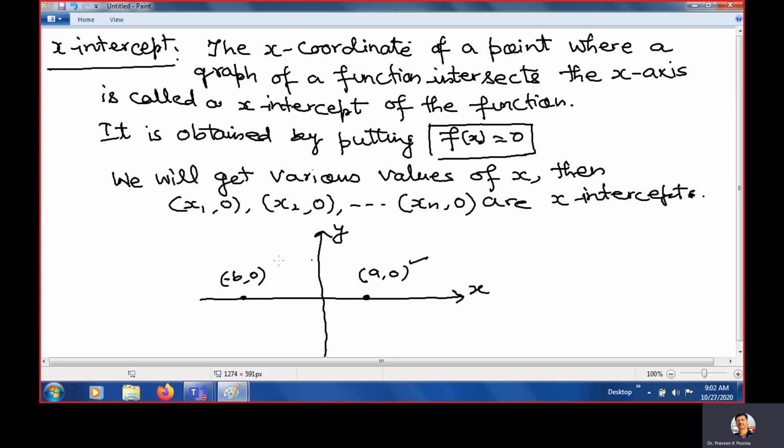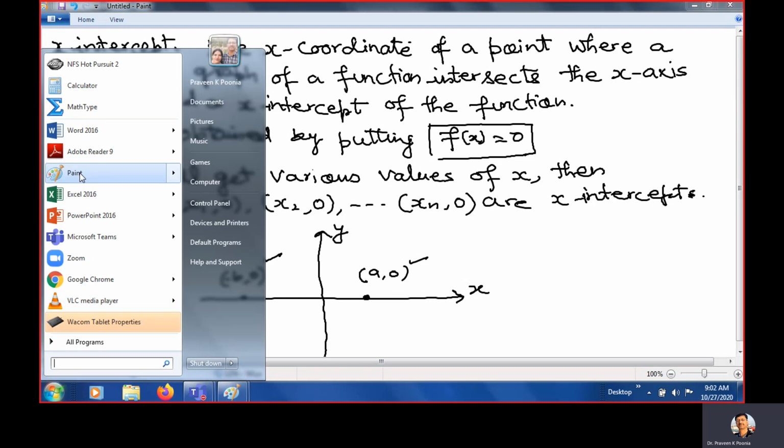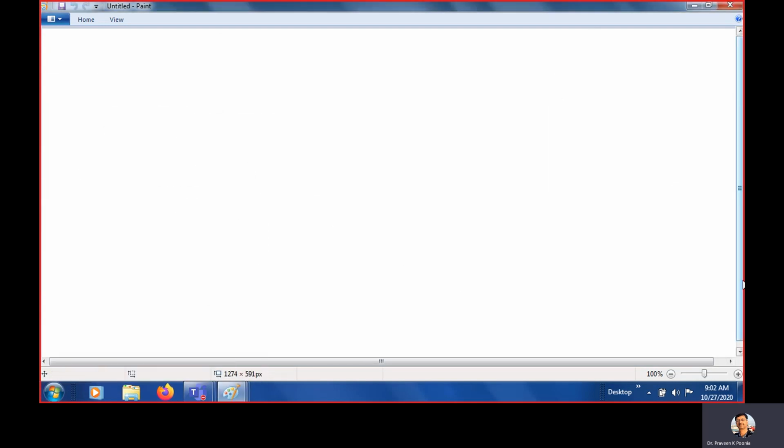So this is an x-intercept and this is an x-intercept. An x-intercept is on the x-axis and it is a coordinate. It is not a point, it is a coordinate, or you can say a point also is named as x-intercept, clear. First we'll study y-intercept, then we'll evaluate all these things.